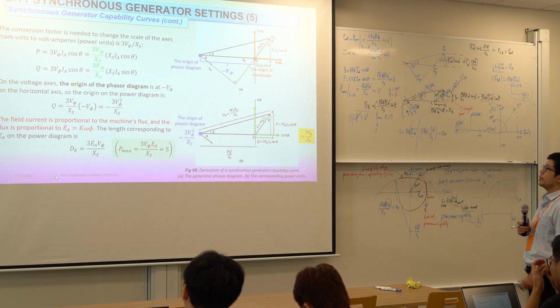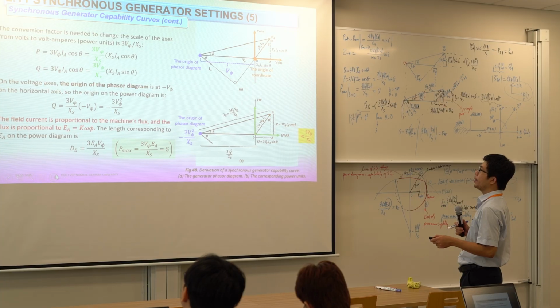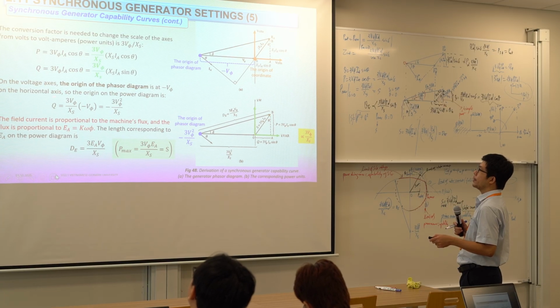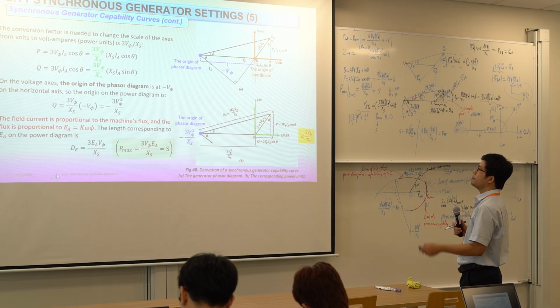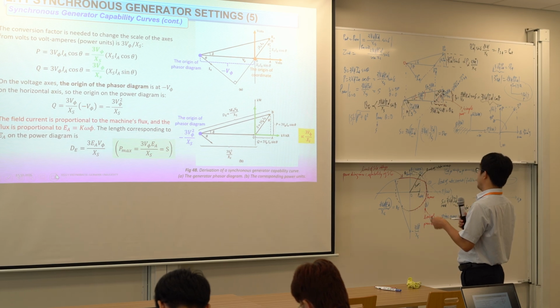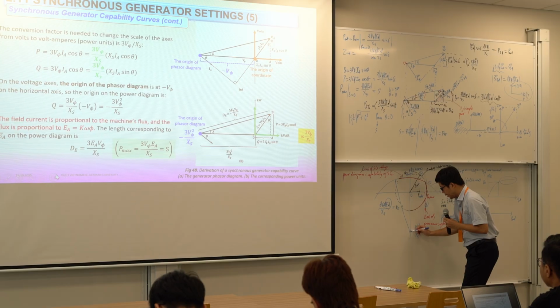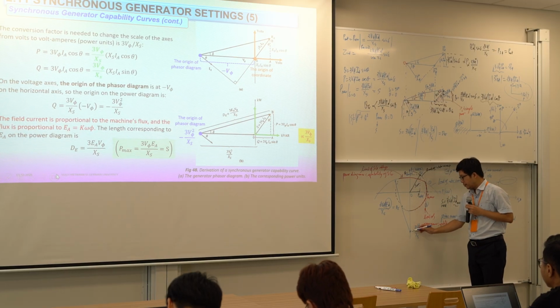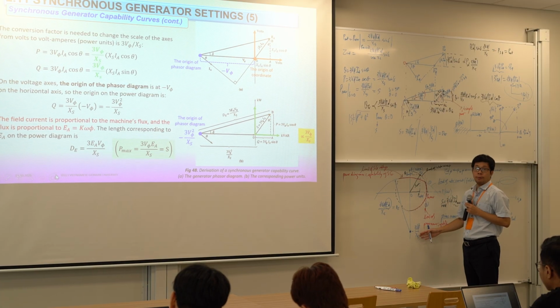Maybe you shouldn't confuse this one with reactive power. So this one is just the void on the Q axis, right? This void is the reactive power void.